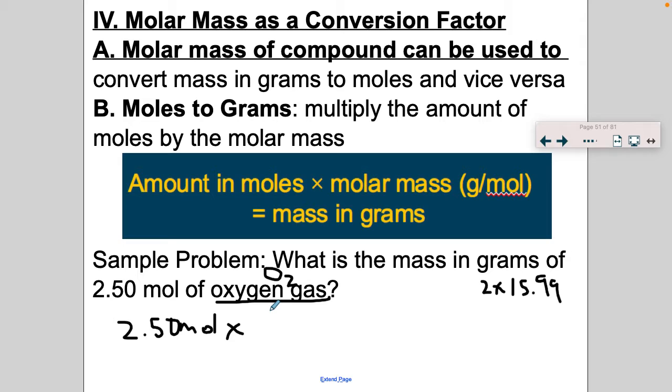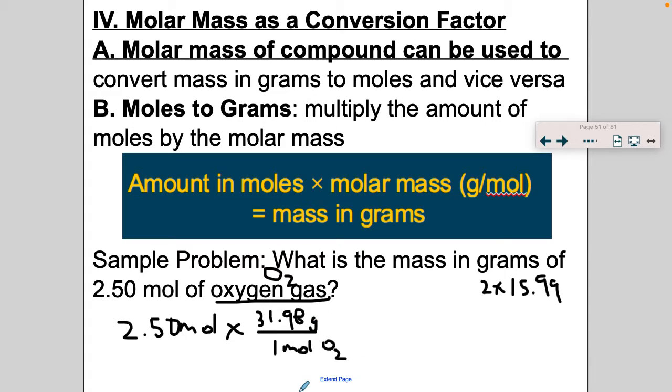Because you might be doing 2-step conversions or 3-step conversions. We've done this before. So I'm in moles, right? That means 1 mole goes on the bottom, and 1 mole of O2. And then the molar mass of O2 is what we just calculated, 31.98 grams.